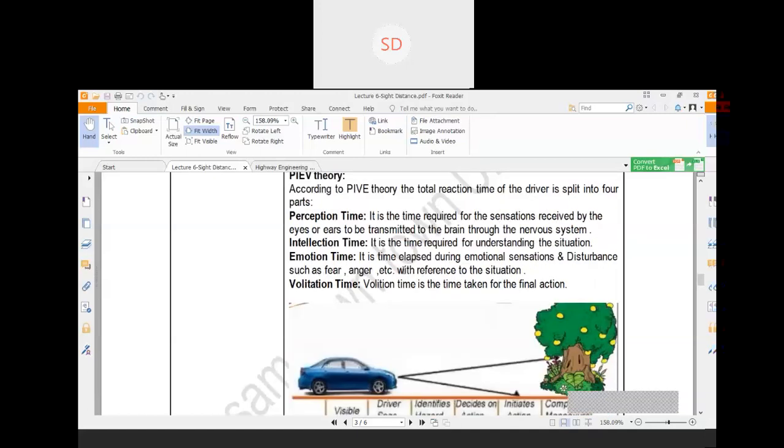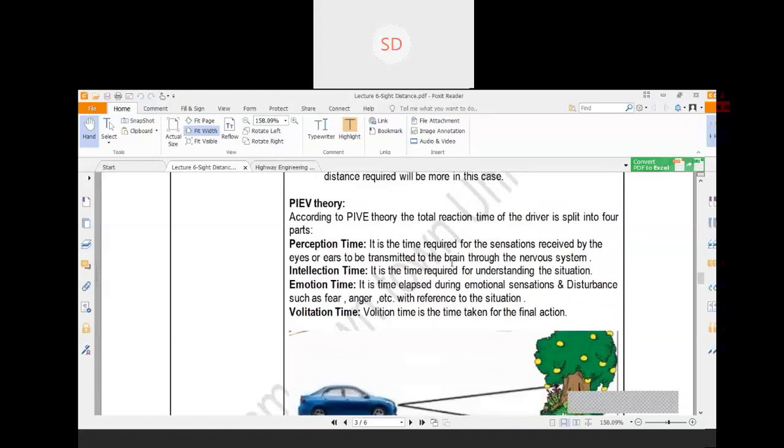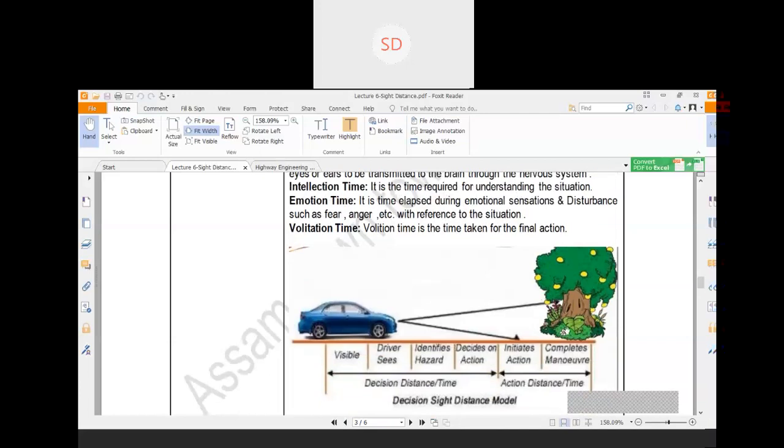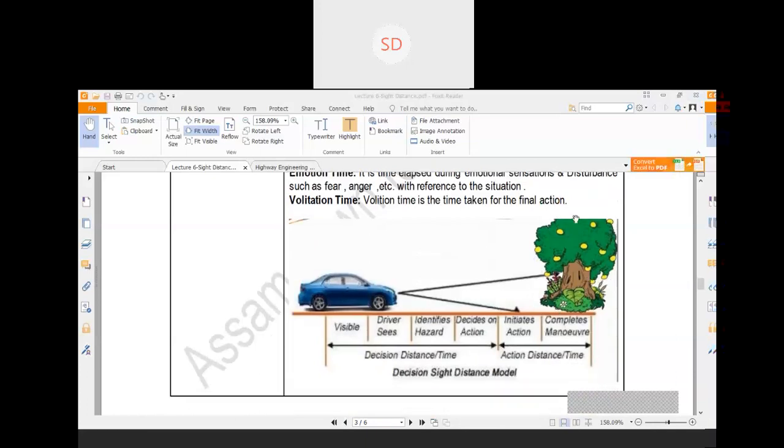So, perception time is the time required for the sensation received by the eyes or ears to be transmitted to the brain through the nervous system. So, what does this indicate? Like in our previous example, suppose this is the obstruction.